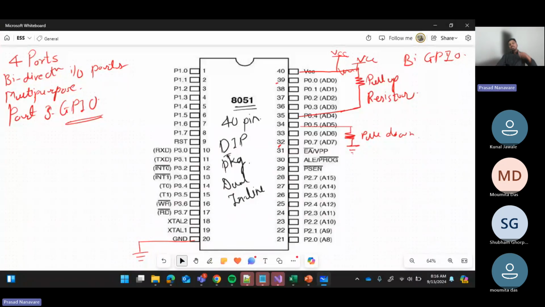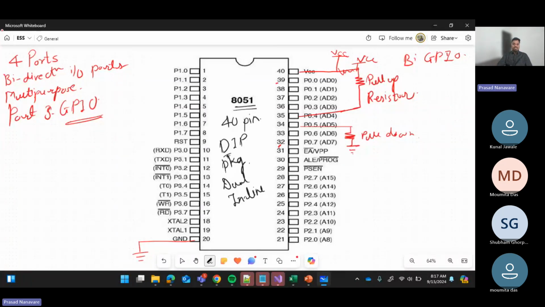Remember, our microcontroller is so smart that all the other three ports, port 1, 2, and 3, are internally pulled up. But port 0 needs to be pulled up externally by connecting the resistor.